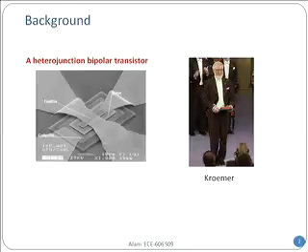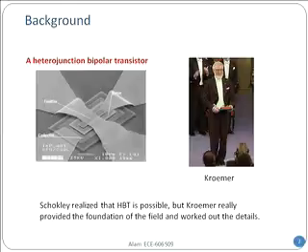And you remember, I mentioned it a few times, that Kroemer won the Nobel Prize for defining the concepts of HBTs. Of course, the original concept is still due to Shockley. Shockley did everything.